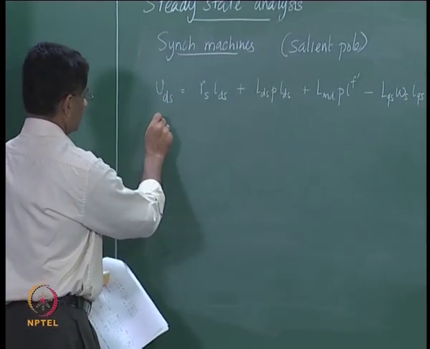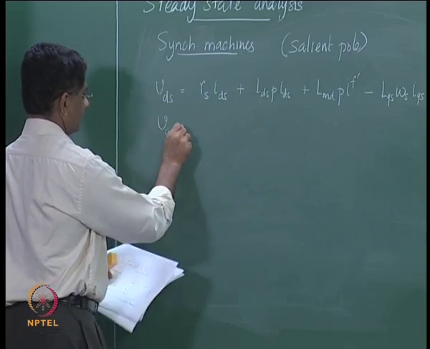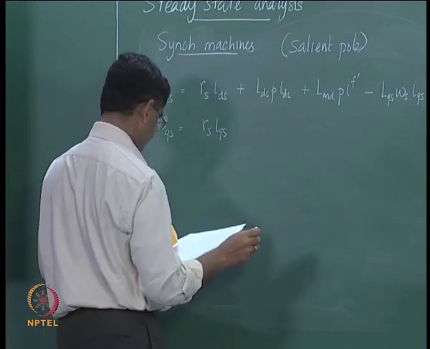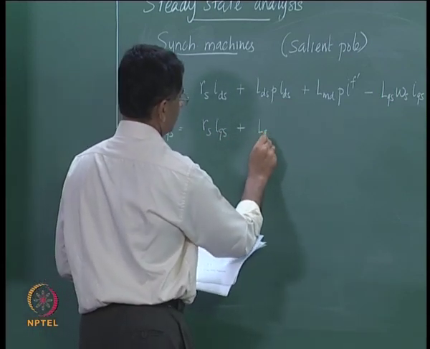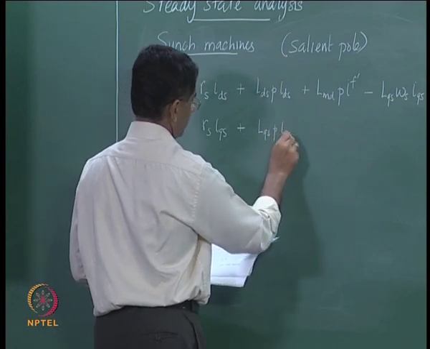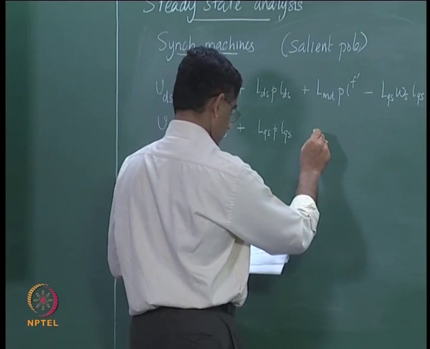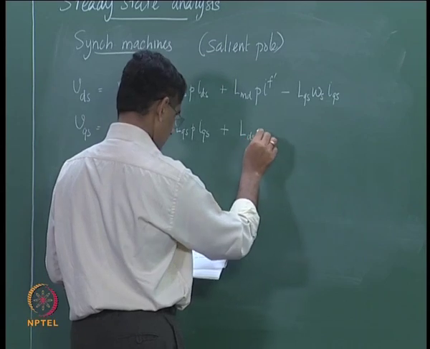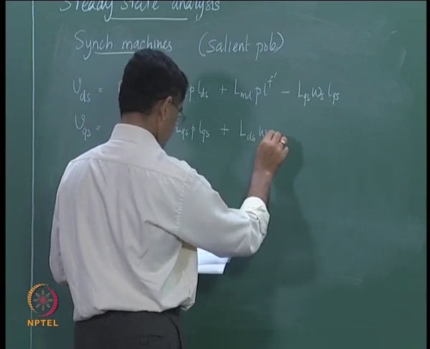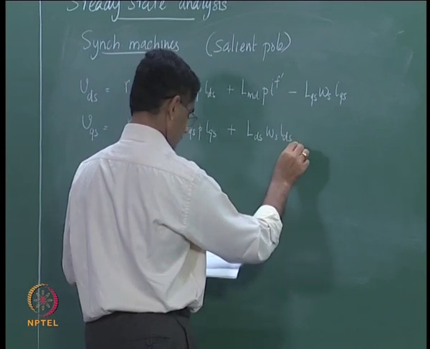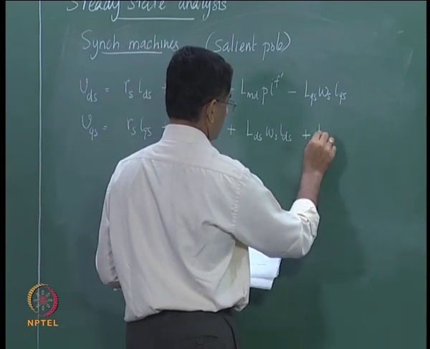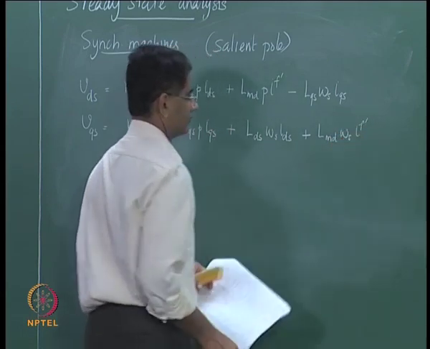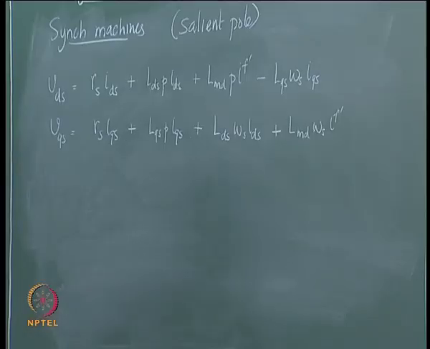So this is as far as the stator d axis is concerned, and Vqs is Rs into Iqs plus Lqs into pIqs plus Lds into omega s Ids plus Lmd into omega s into If dash. So these are the two equations we get for the stator of the synchronous machine.